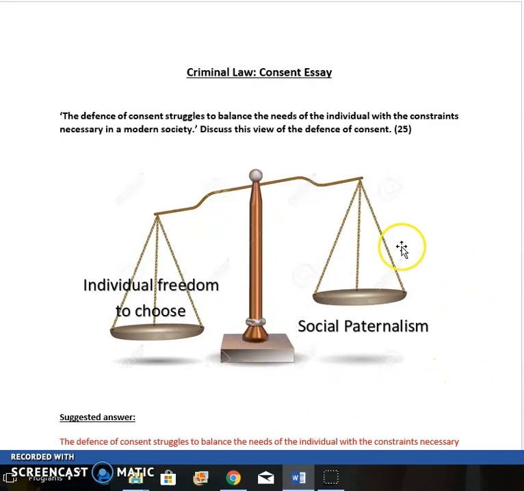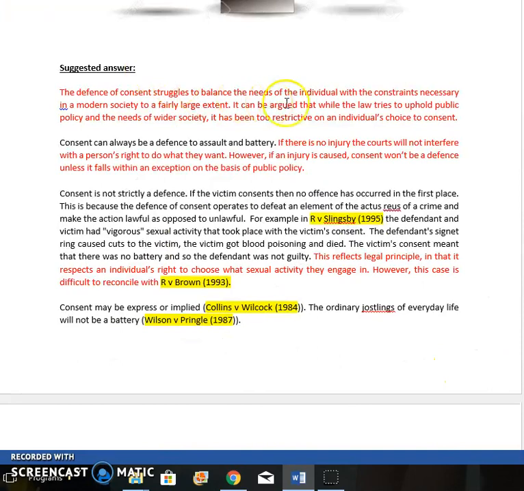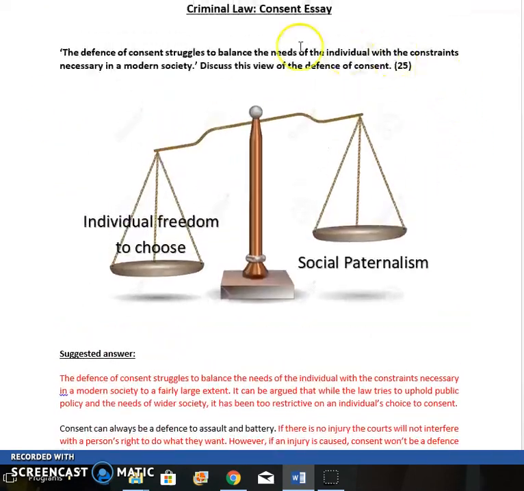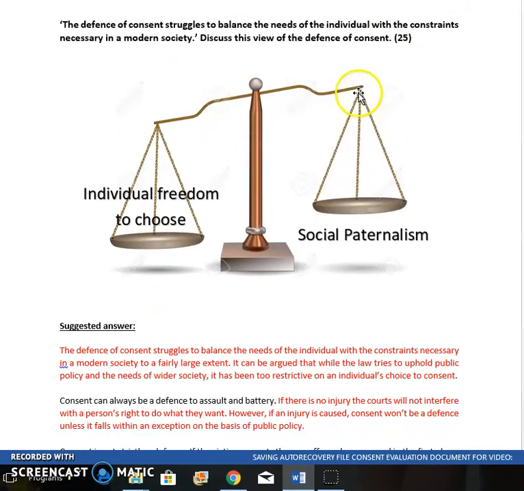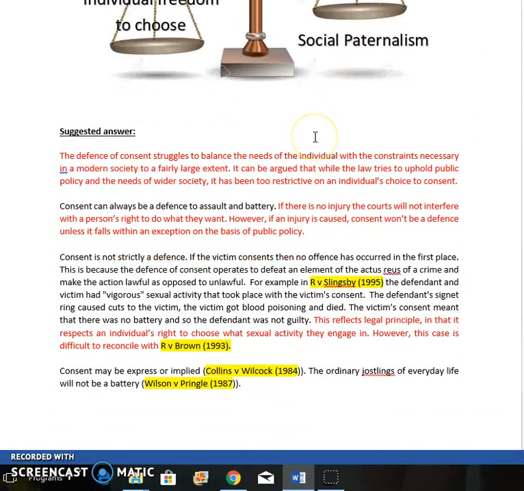So if we look at my introduction then, I've linked straight back to the question, which is really good practice. So I've started by saying the defence of consent struggles to balance the needs of the individual, this side, with the constraints necessary in a modern society.